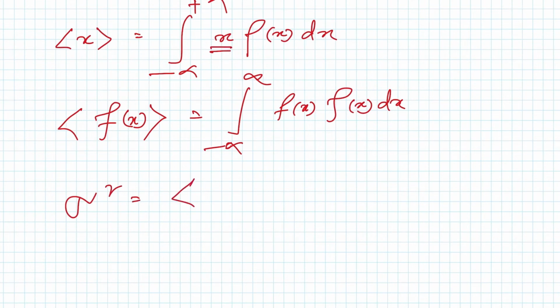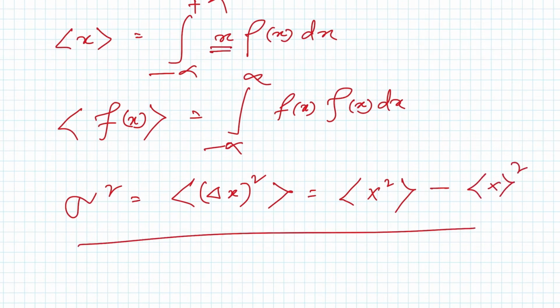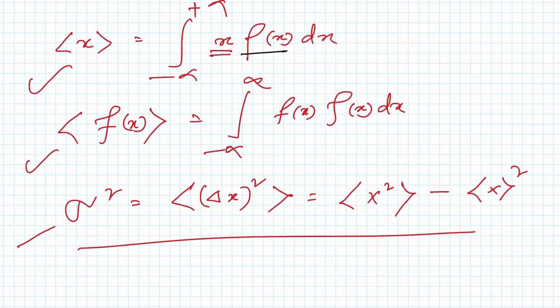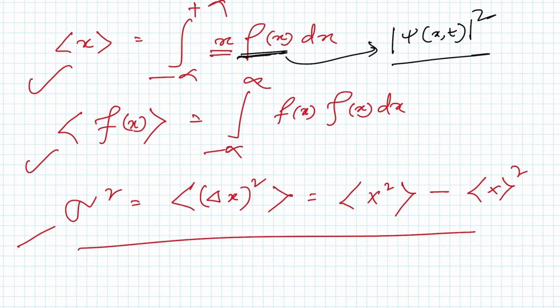The variance, sigma squared, is the average of the squares of deviations, which can be obtained by the average of squares of the observations minus the square of the average of the observations. Okay, now in quantum mechanics, this probability density is represented by mod psi of x and t, whole squared. This gives the probability density in quantum mechanics.